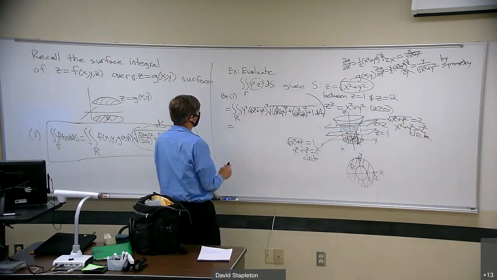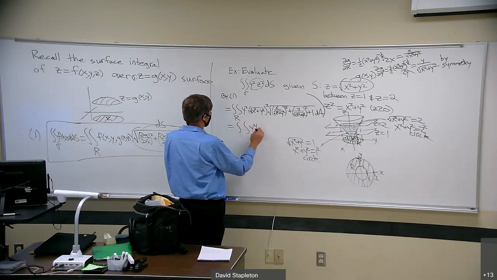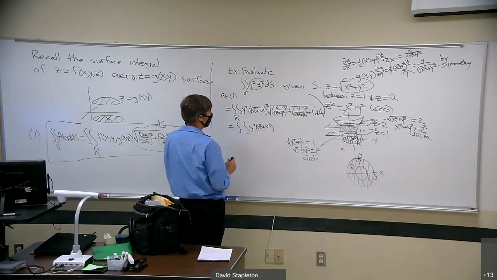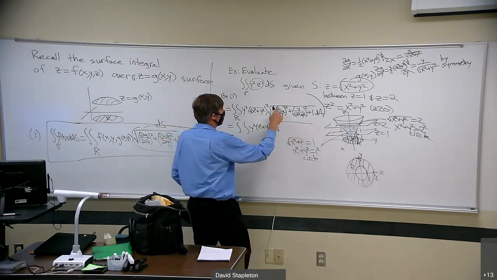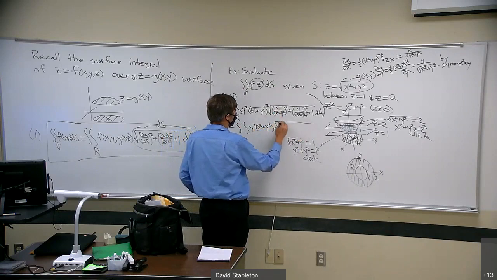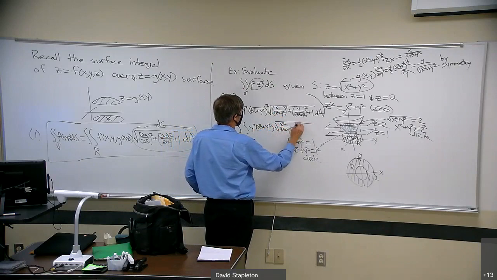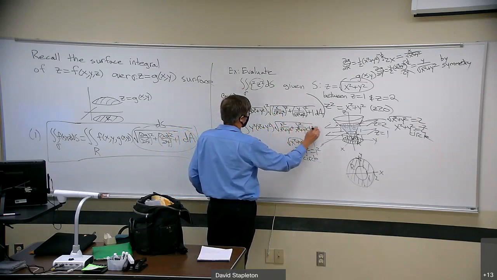Well, let's see. This squared comes out nicely: x squared plus y squared. And then the square root is of x squared over x squared plus y squared, plus y squared over x squared plus y squared. Now you can see these problems generally have to be cooked, all plus 1.